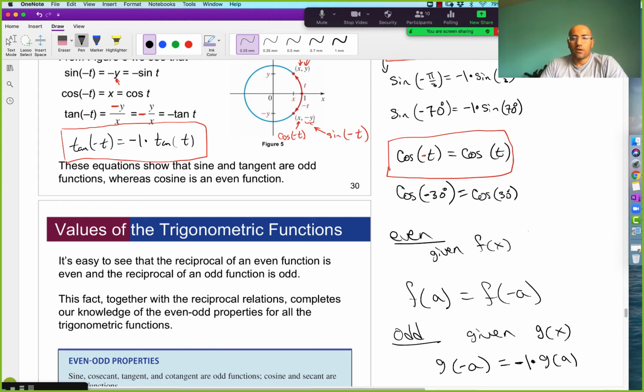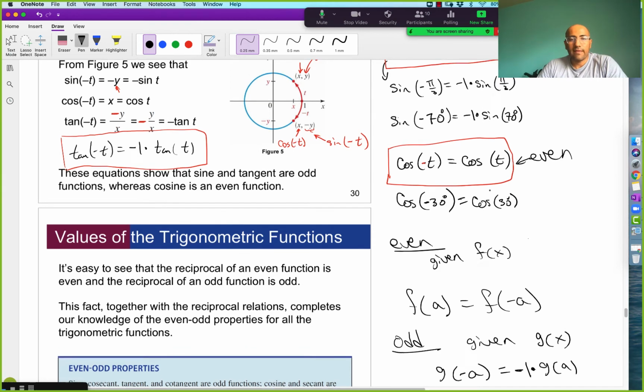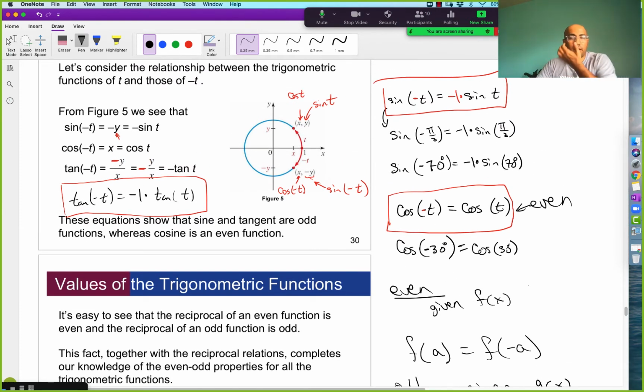So cosine satisfies that it's even. Evaluating cosine at a negative angle is equivalent to evaluating cosine at a positive angle. And then tangent and sine are odd functions.